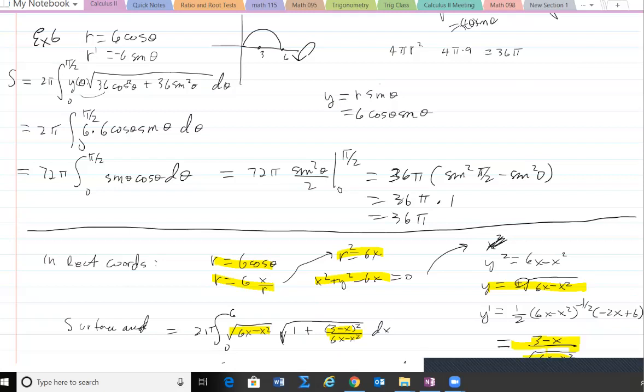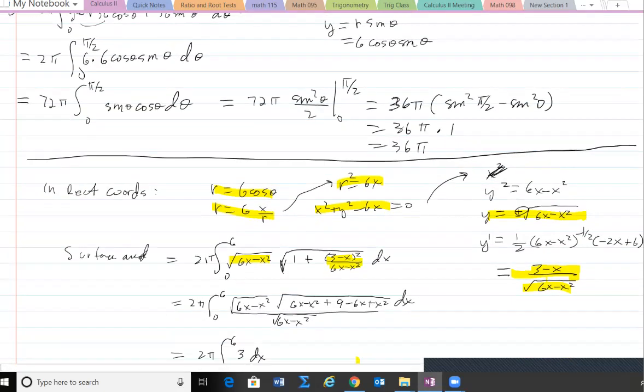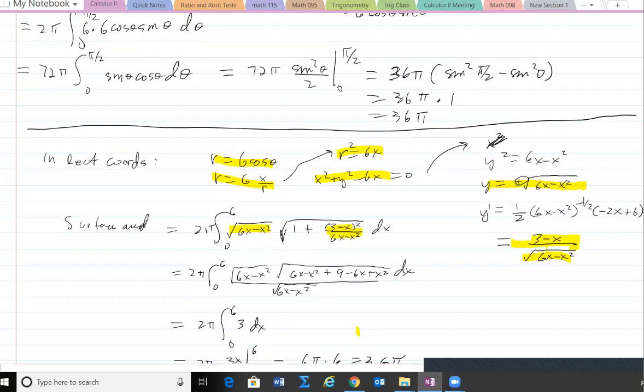Now, if you're just putting everything into a calculator or a computer program, then it isn't going to make that much difference. But there's a nice little review down here of using our original formula for surface area of revolution, this one here. Anyway, okay, so that's about it for this one then.